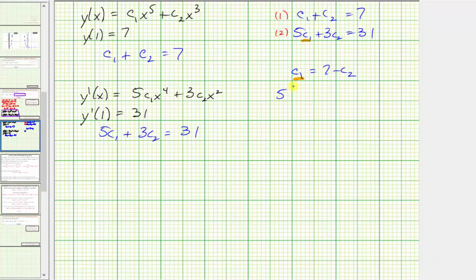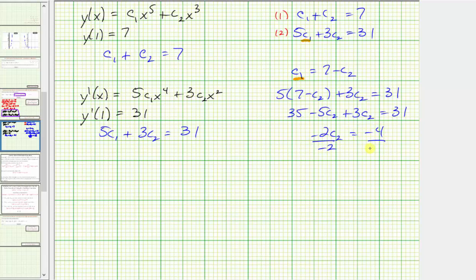So we'd have 5 times the quantity 7 minus c sub 2 plus 3 times c sub 2 equals 31. So we have 35 minus 5 times c sub 2 plus 3 times c sub 2 equals 31. Combine like terms, we have -2 times c sub 2. Let's go ahead and subtract 35 on both sides. That would give us equals -4.